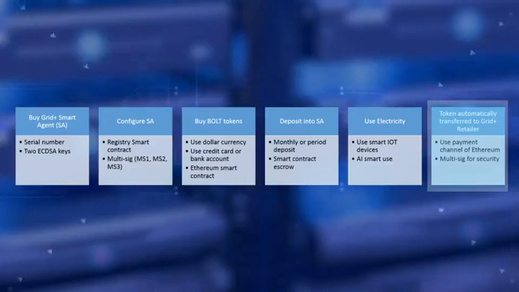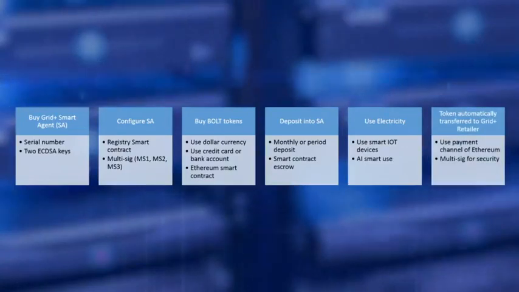User also has a BOLT deposit at the retailer for any overuse than earlier configured in the smart agent. Grid Plus estimates the energy required for a period for all its customers based on their smart agent configuration. It buys the amount in wholesale and sells it at retail.